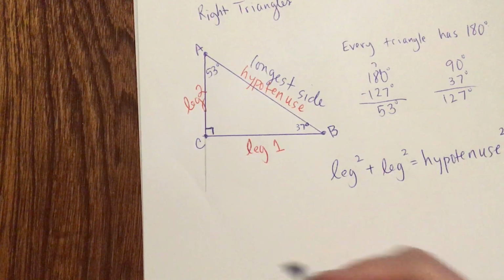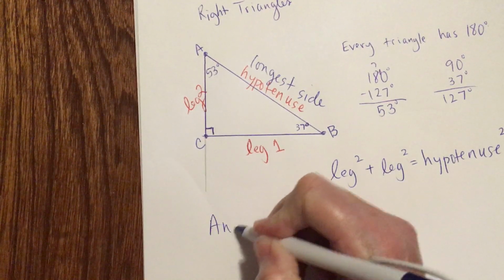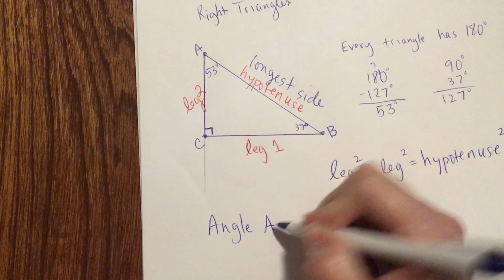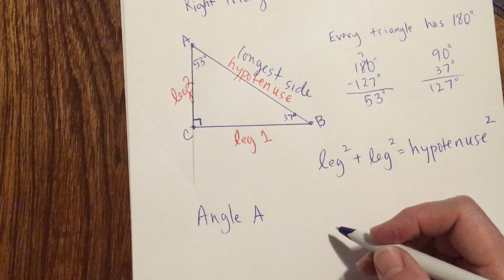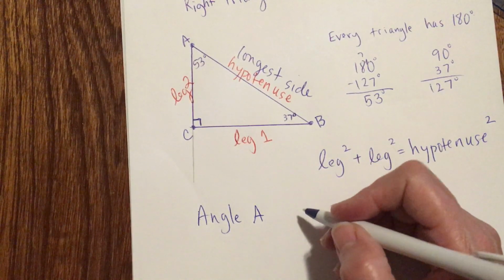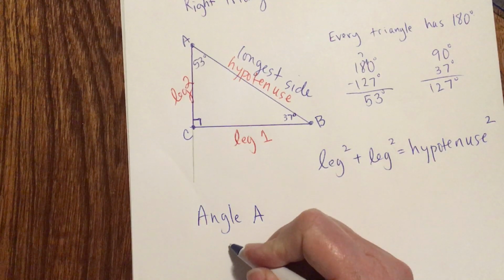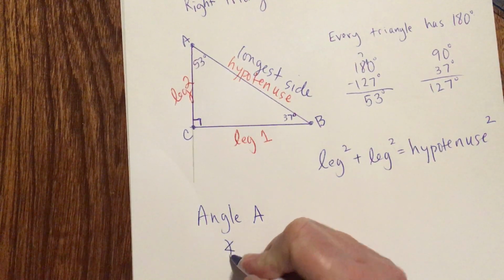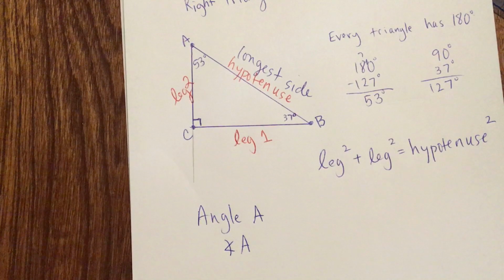So if I'm looking at angle A, I'm going to write out angle A. I noticed on some of the other videos, you might write it like this, angle A, same thing.